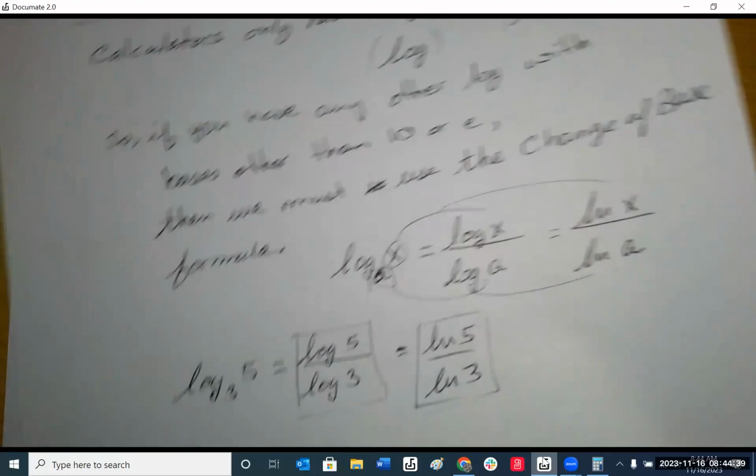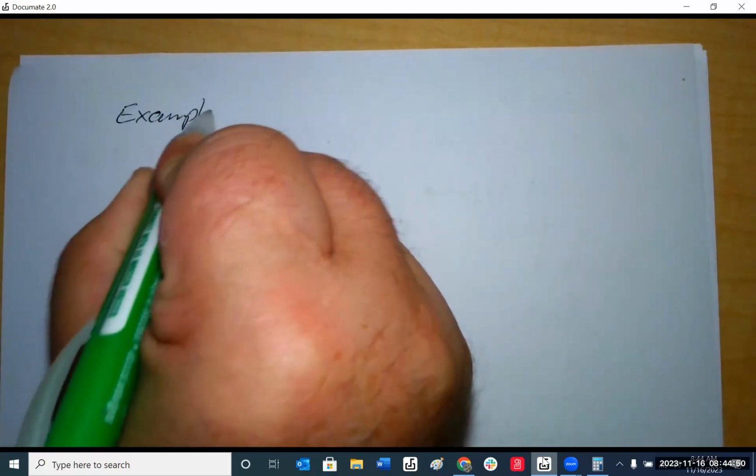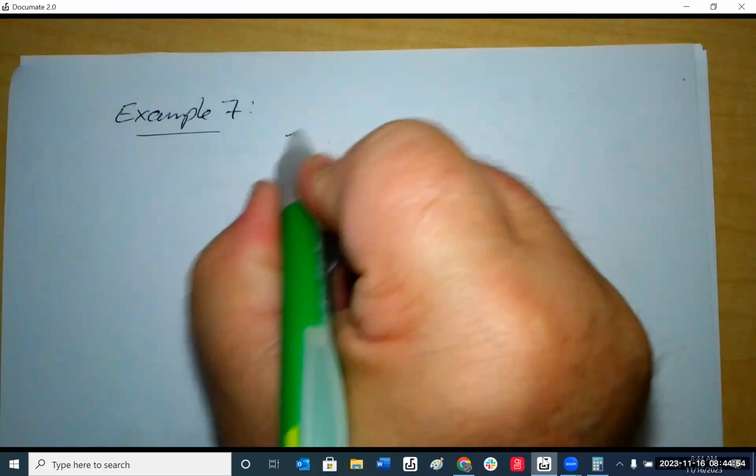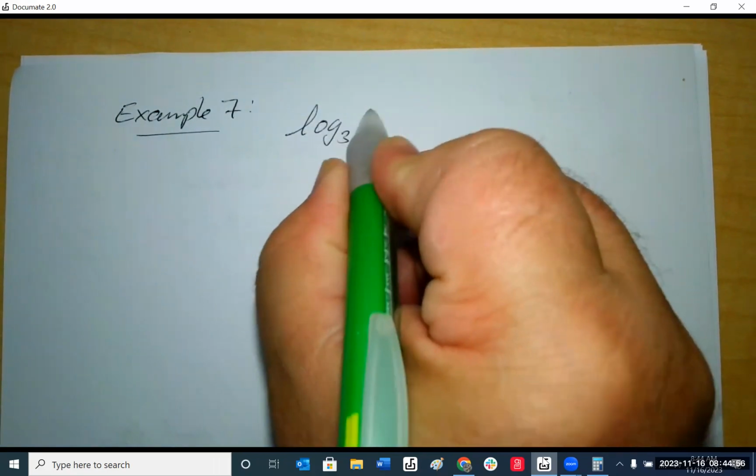So let's look at example 7-8. Log base 3 of 8.